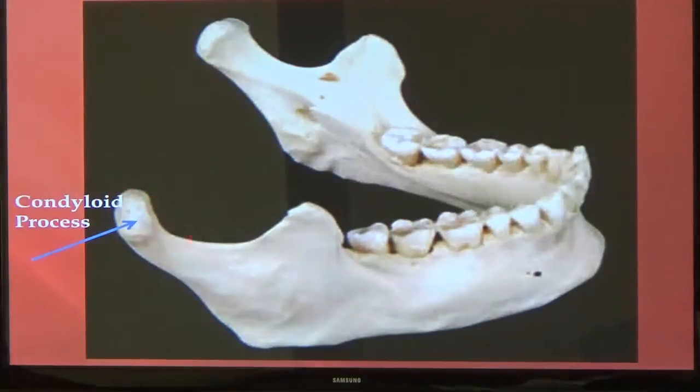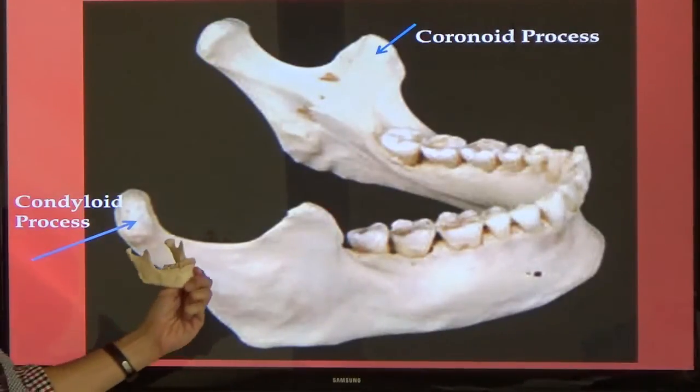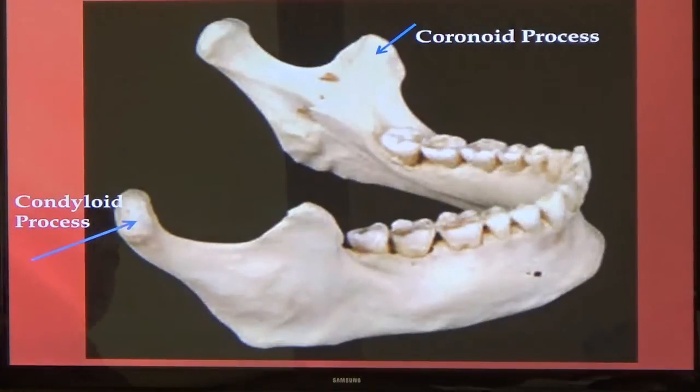Okay, so condyloid, coronoid, and coronoid here. This is the condyloid also. We're just looking at this guy like this. Okay, the angle of the mandible. The sigmoid notch.